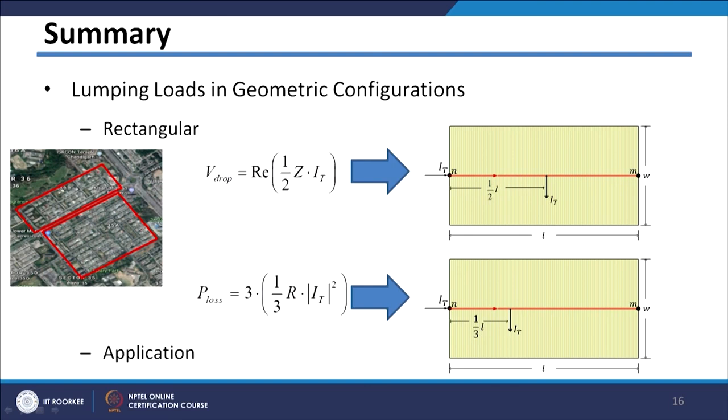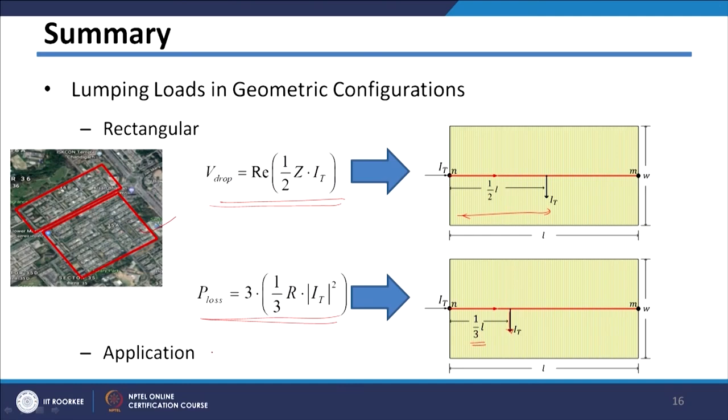First we have seen that rectangular area, how we can configure it, and then we have seen that when we are using voltage drop, we can lump load by seeing this equation. In this case, we have lumped it at the middle and total current. Similarly, we have got the equation for power loss, which is this one, and in this case we have seen that total load can be lumped at 1/3 distance, that is 1/3L.